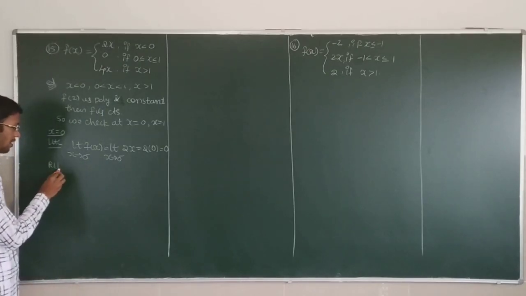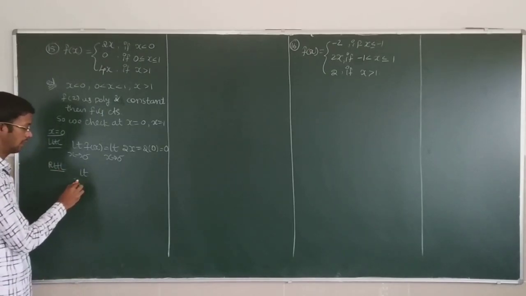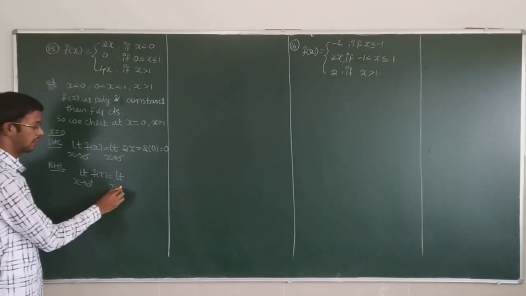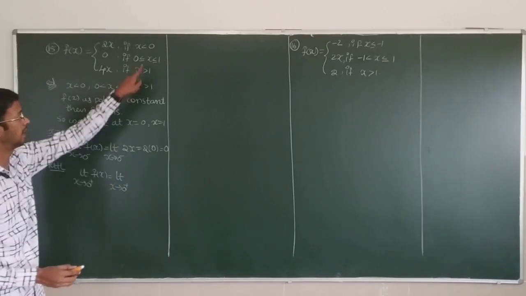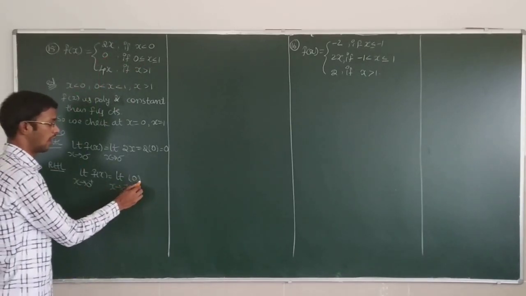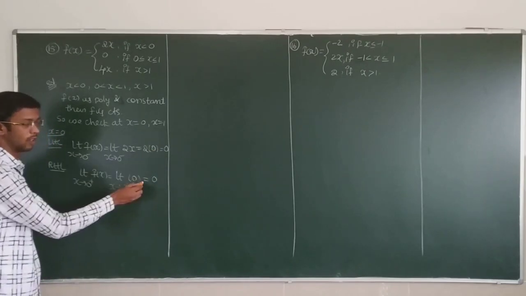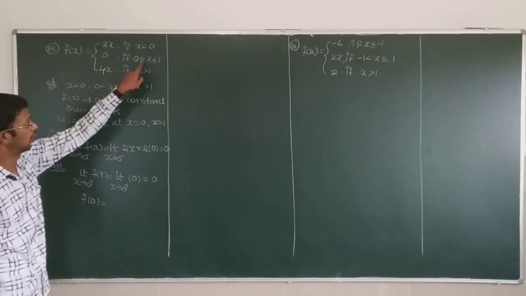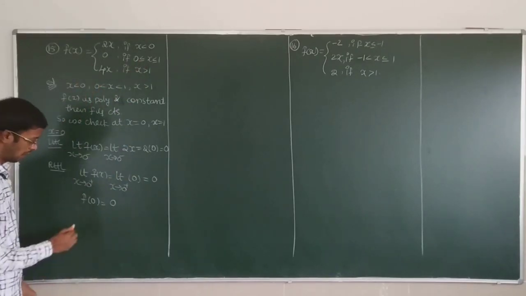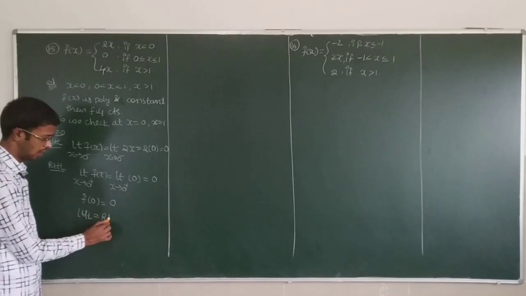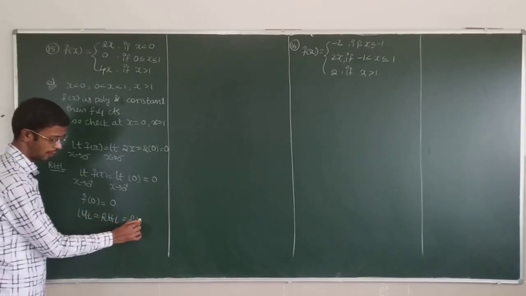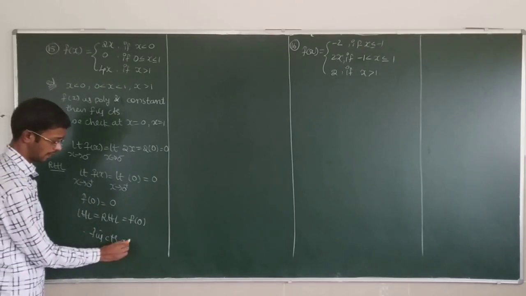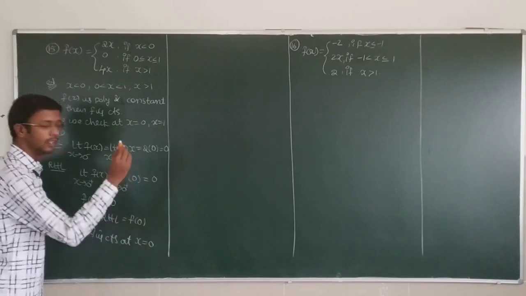Next, RHL: limit as x tends to 0 plus of f(x). For x greater than 0, it is a constant, so 0. LHL equals RHL. f(0) you also have to find. f(0) is your constant 0. LHL equals RHL equals f(0). The condition is satisfied, which means f is continuous at x = 0.